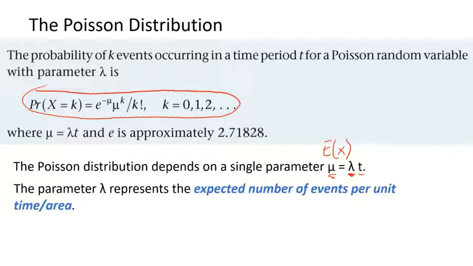The parameter lambda represents the expected number of events per unit time. Therefore, the total expected value will be that times the total time. That's what we see here.